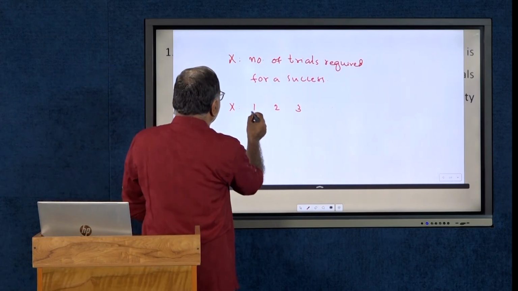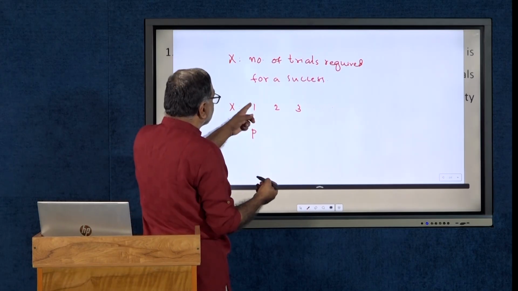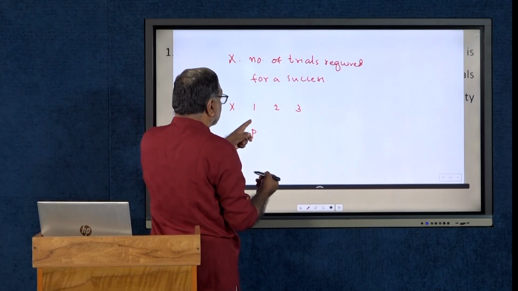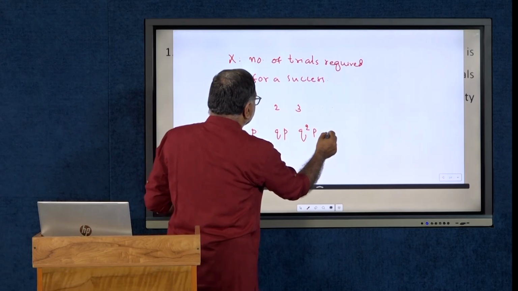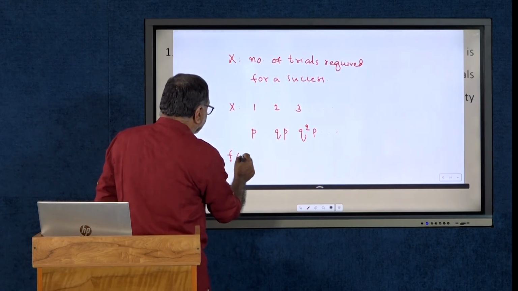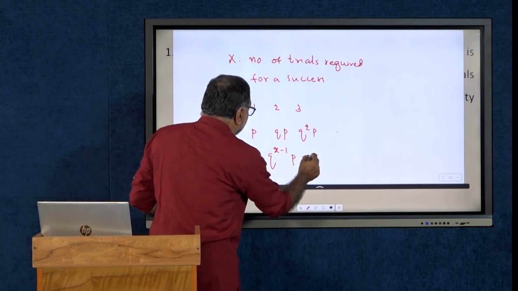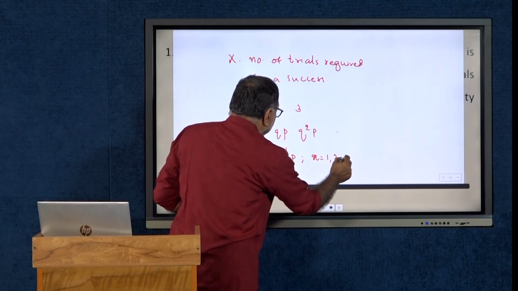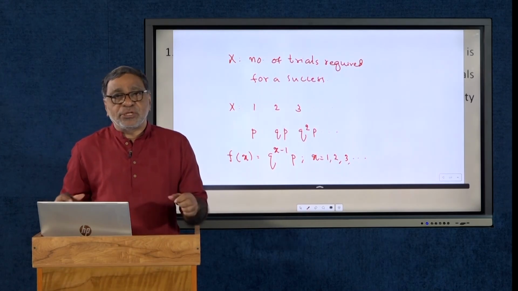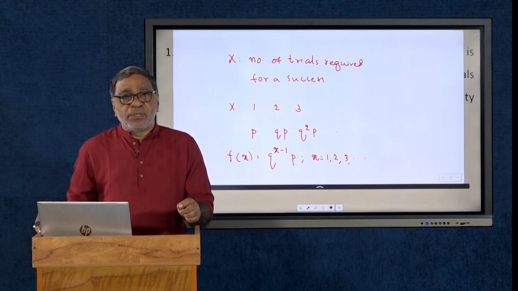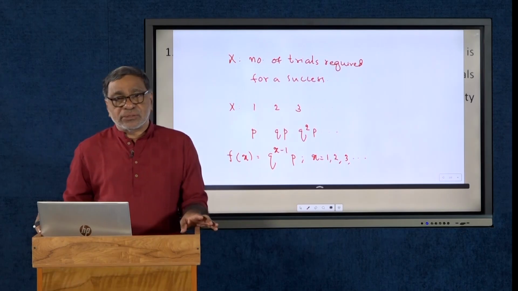And the corresponding probability values: if it is the number of trials required for a success, the first trial itself being a success has probability p. Then it is qp and then q square p, etc. So, generally our f of x is q power x minus 1 into p, where x is equal to 1, 2, 3, etc. This is the probability mass function of the geometric random variable if it is defined in another way, that is, the number of trials required for a success.